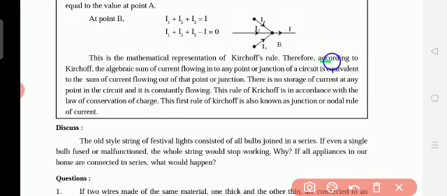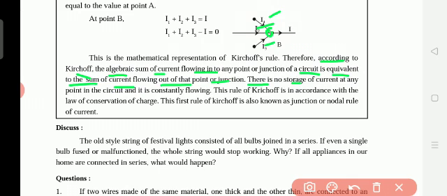According to Kirchhoff, the algebraic sum of current flowing to any point or junction of a circuit is equivalent to the sum of the current, I1, I2, I3, flowing out of that point or junction. There is no storage of current at any point in the circuit and it is constantly flowing.